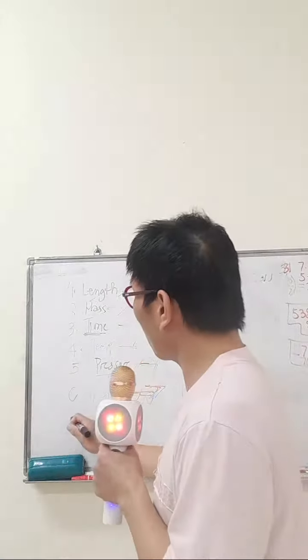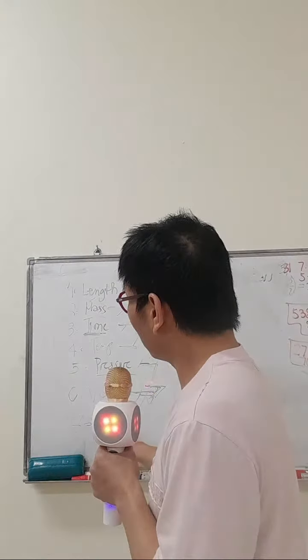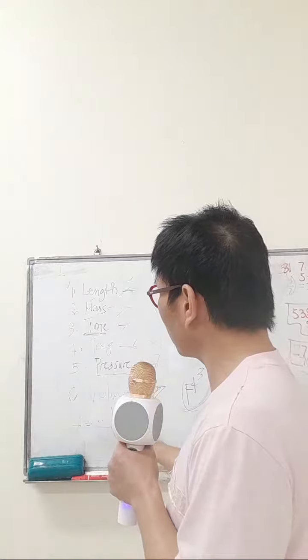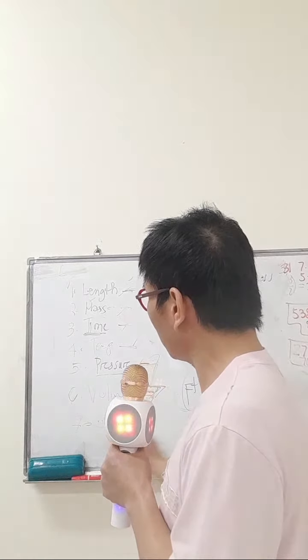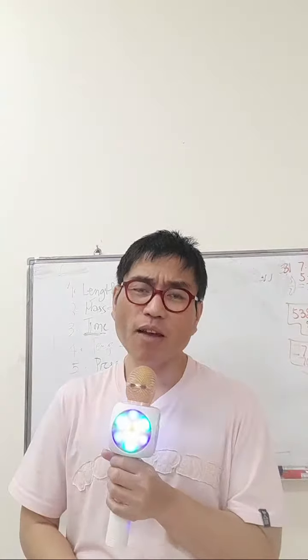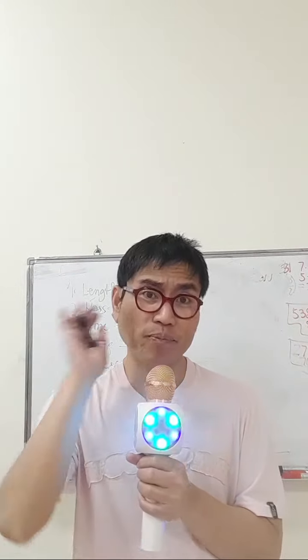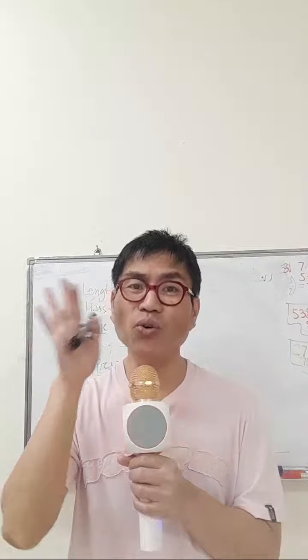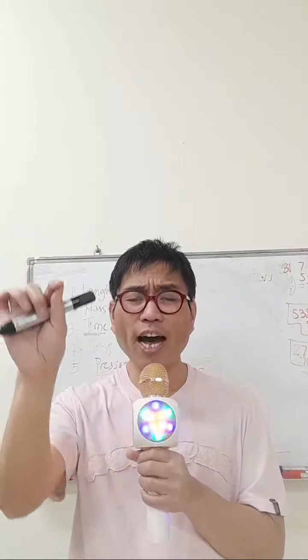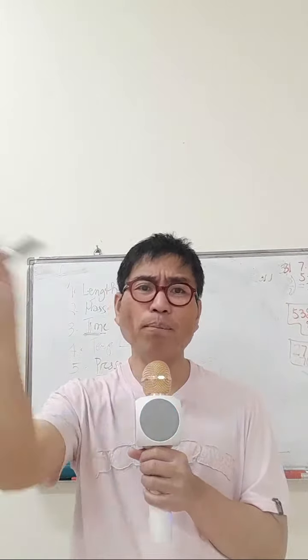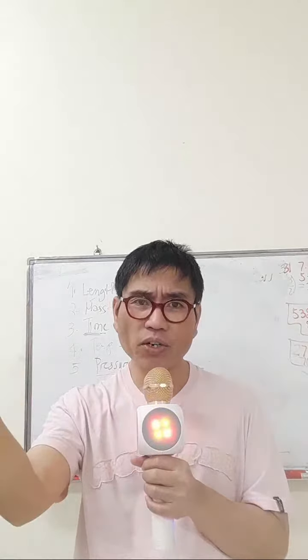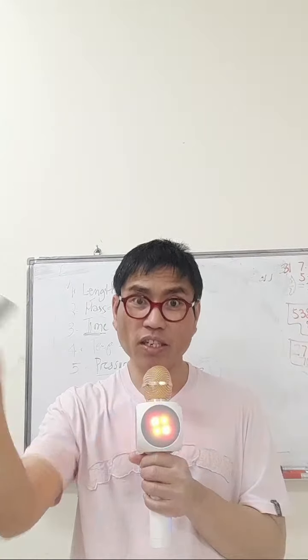Sorry. For the force is pound force. Okay? But for the metric, sorry, I forgot guys. For the metric system it is Newton. Newton is kilogram meter per second squared. That is the Newton.